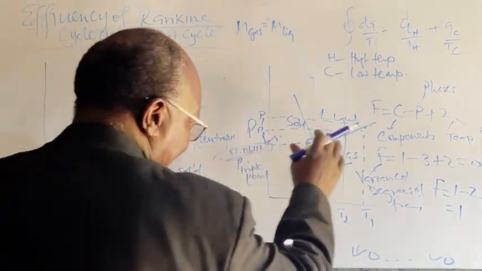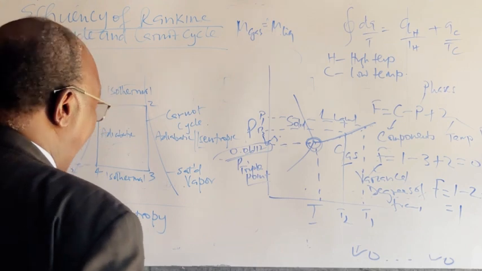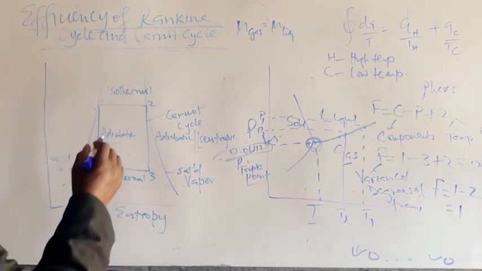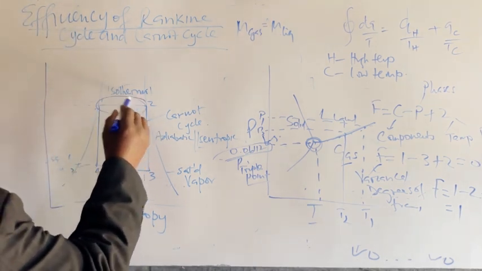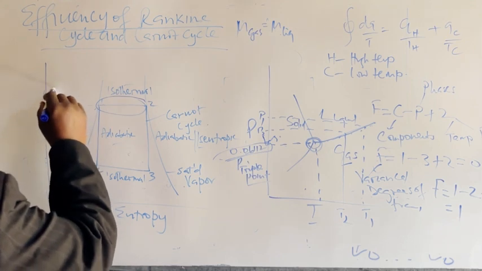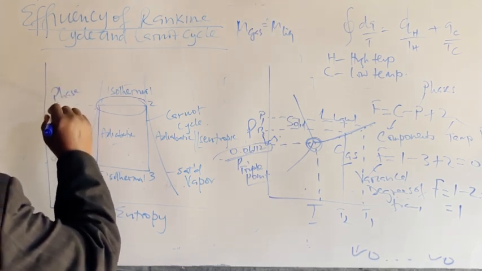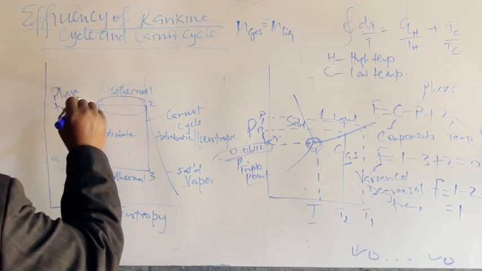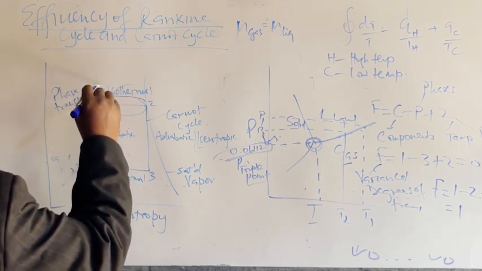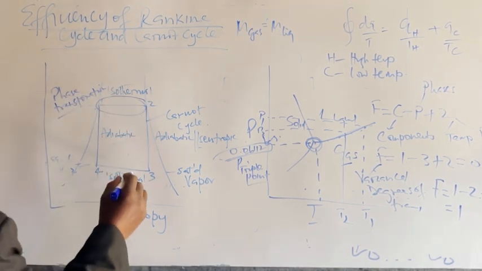So that temperature is fixed at that particular point. And so that's what we are saying, that those points corresponding to isothermal processes must be mimicked or represented by phase transformations, because during the phase transition, the temperature is kept constant.